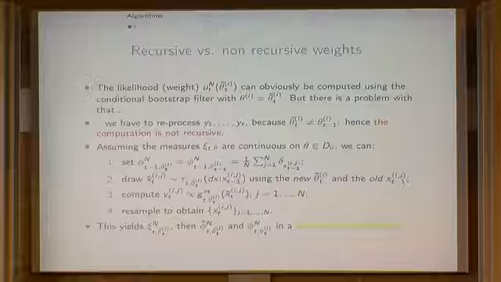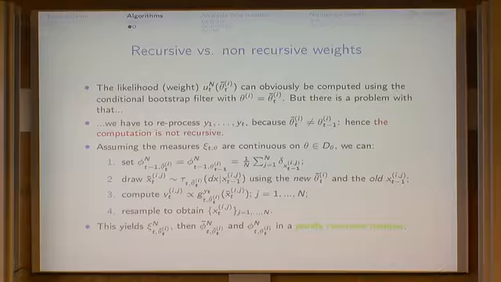I have a cloud of particles in the state space from my old parameter. I'm going to jitter the parameter slightly to get a new one. And then I just keep the same cloud because I'm hoping that my modified state space model with my modified parameter will not behave very differently from the old one.